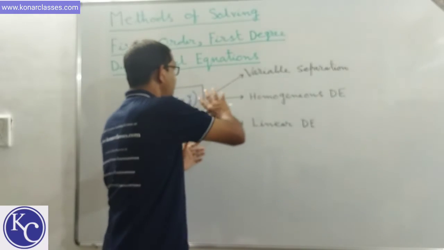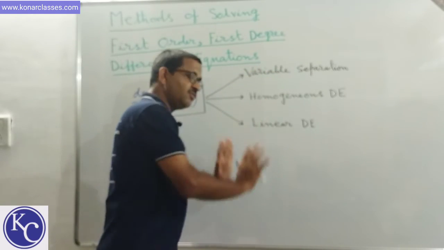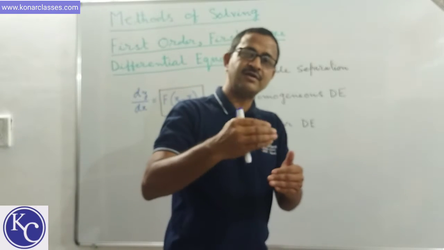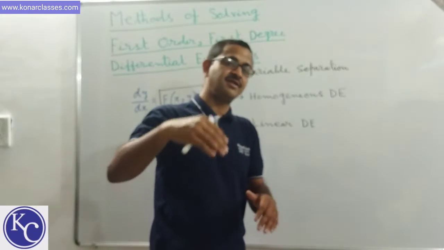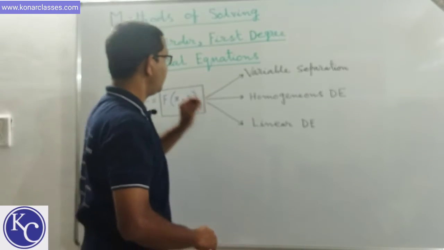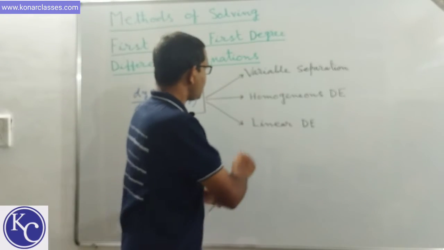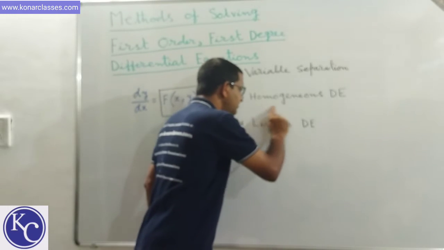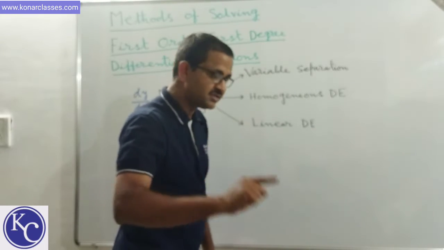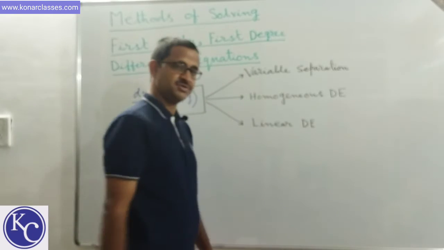Once we understand which category it falls into, there are specific steps to be followed to solve it, and that we will discuss in the next sessions. We will have one session for variable separation, another on homogeneous differential equation, and another on linear differential equation.